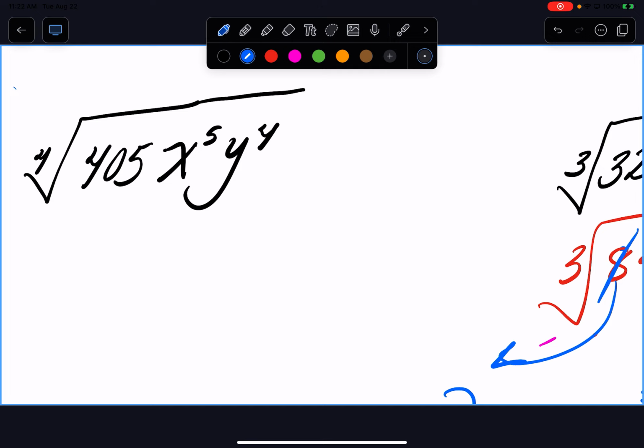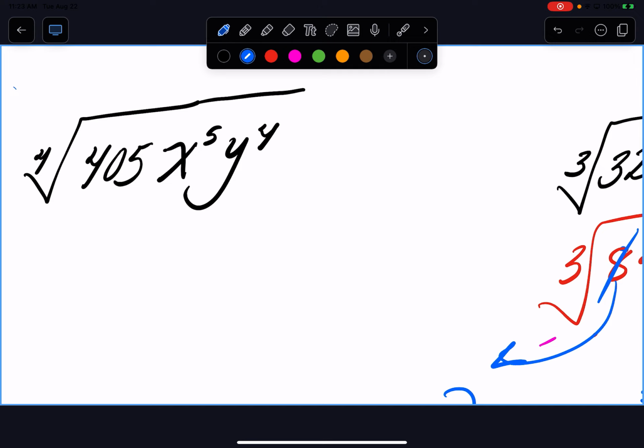No decimals. Those are bad. Good. You got 3, 3. Oh yeah, you're right, 3, 3. So it's just 5 in the middle and 3 outside. 81 divided by 9, because 9 times 9 is 81. So the root is outside.